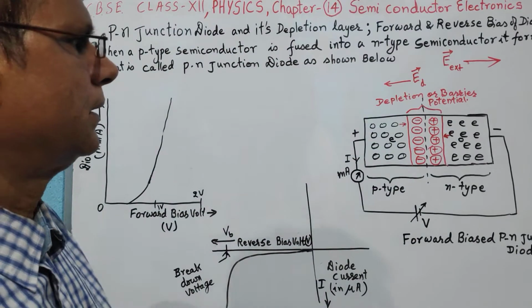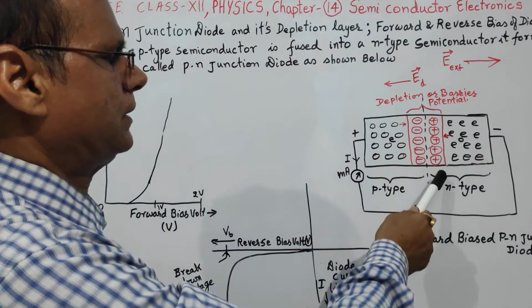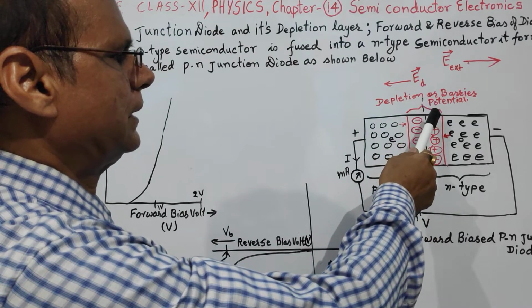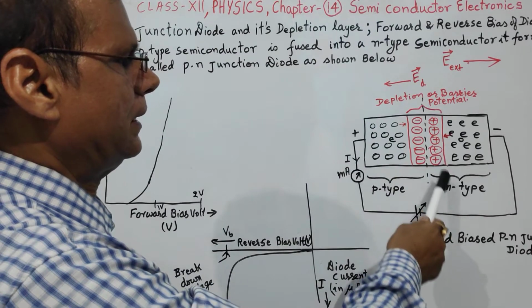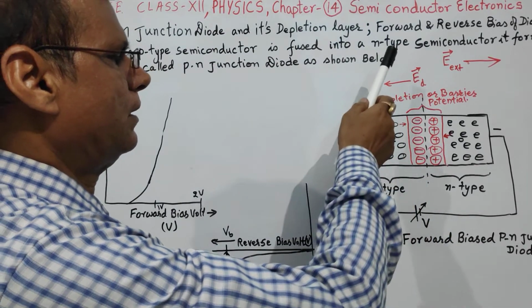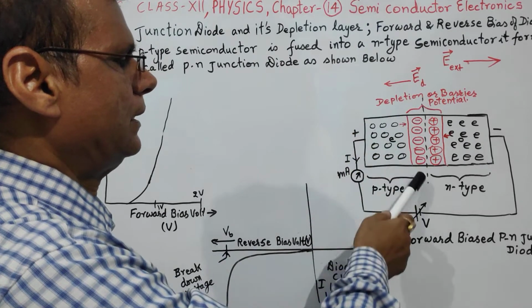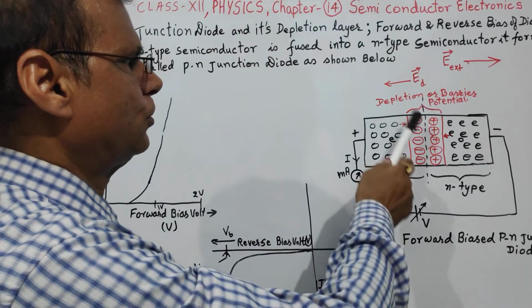So there is a layer of positively charged particles, positively charged ions on the n side semiconductor close to the junction, and there is also a layer of negatively charged ions on the p type semiconductor close to the junction.